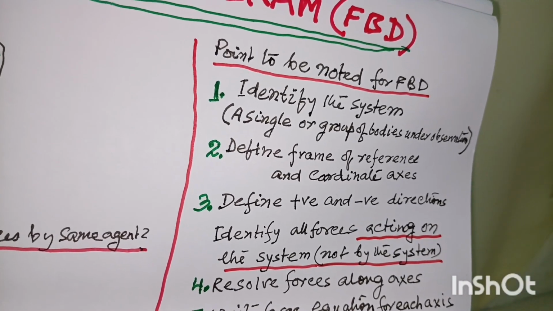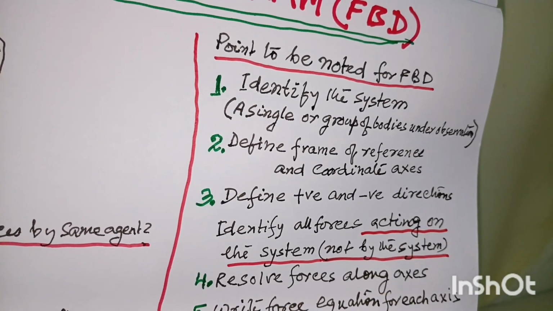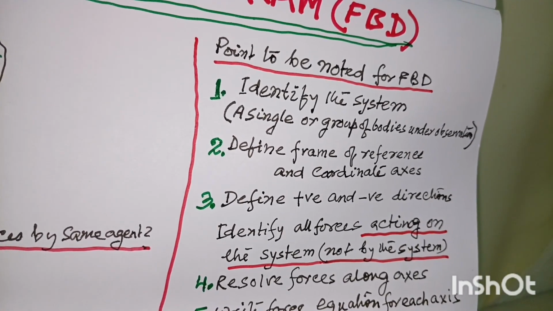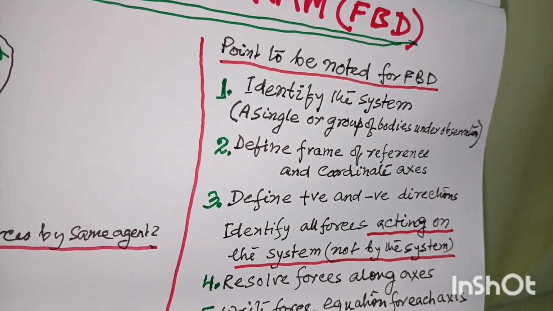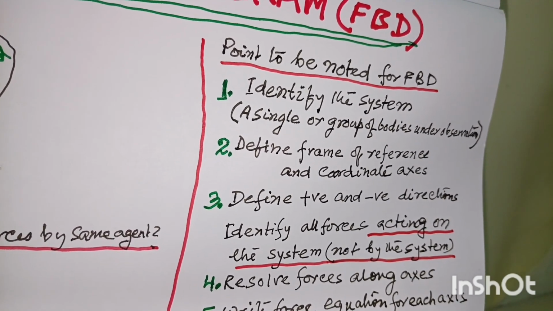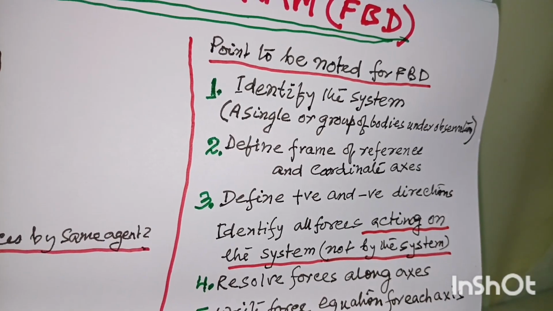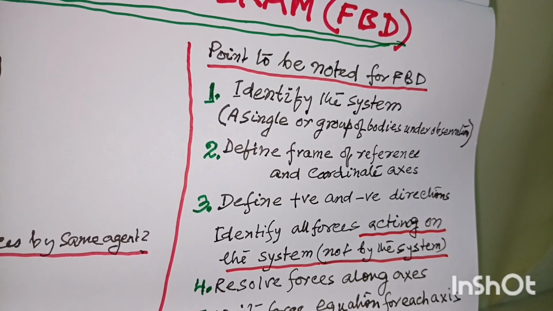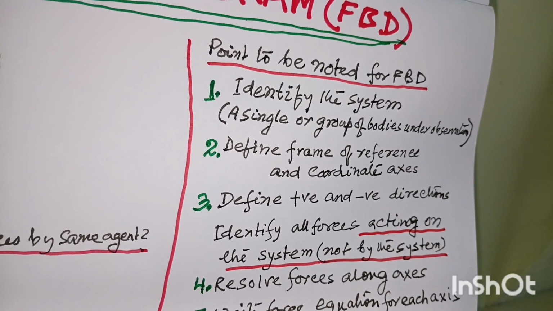For example, here the block is the system, but there may be a group of bodies also as a system. In fact, anything under our observation is a system. It may be one block, two blocks together, a number of blocks together, or anything we are observing.